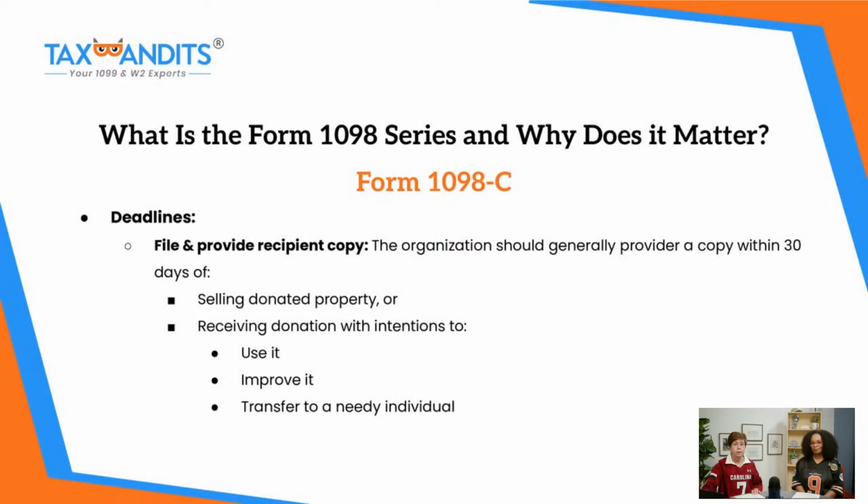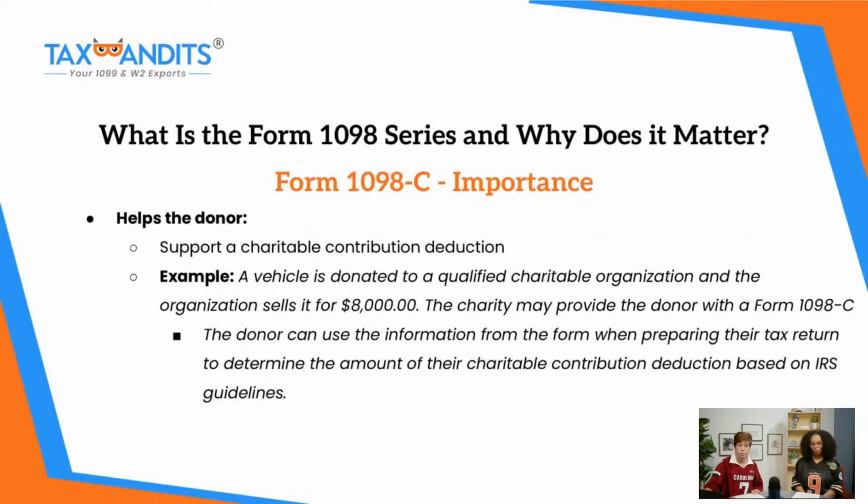The deadlines to file and provide the recipient a copy, the charitable organization should generally provide a copy within 30 days of selling the donated property or receiving a donation with the intentions to use it, improve it, or transfer to a needy individual. It's important because it helps the donor support a charitable contribution deduction.